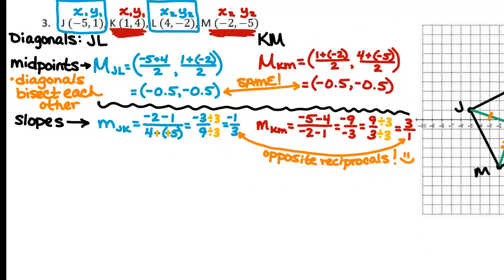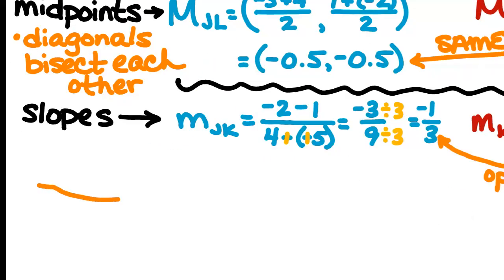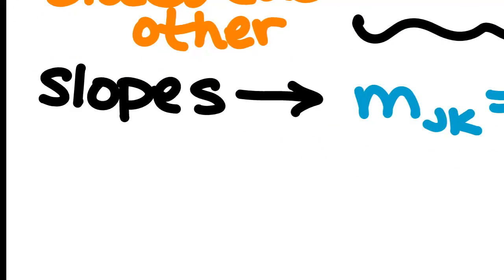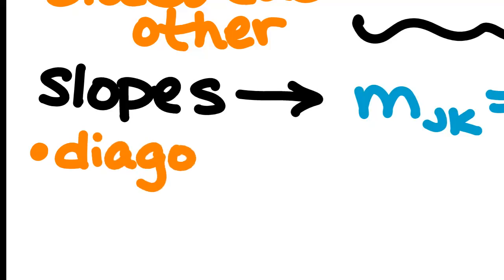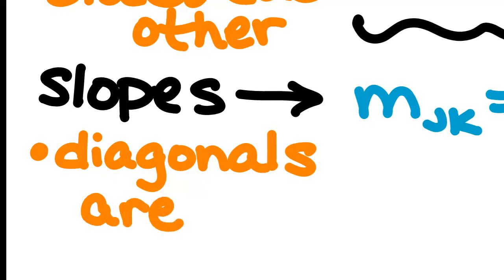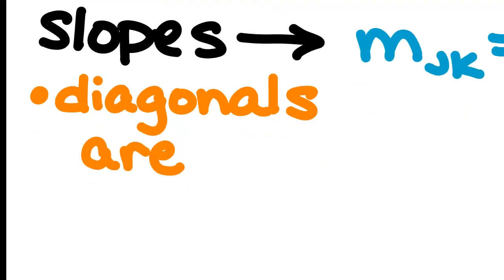Because they are opposite reciprocals, that means what about my diagonals? They're perpendicular. My diagonals are perpendicular.